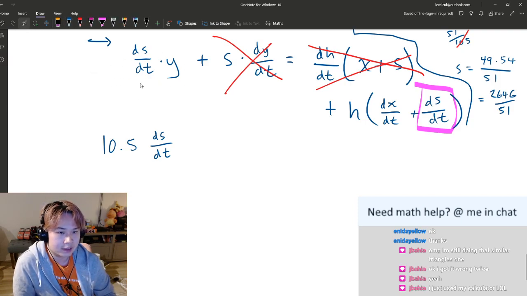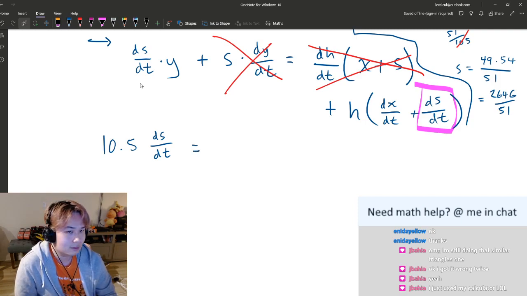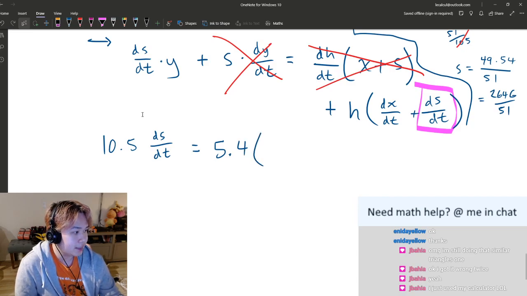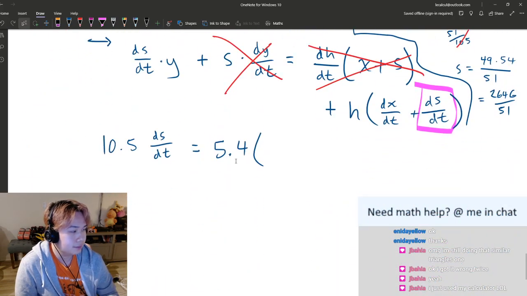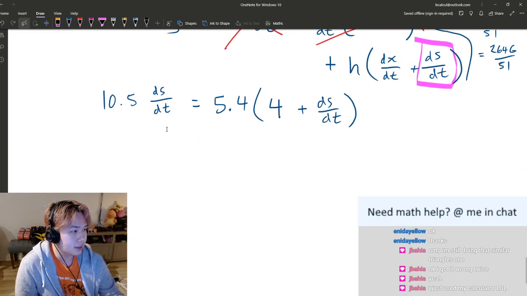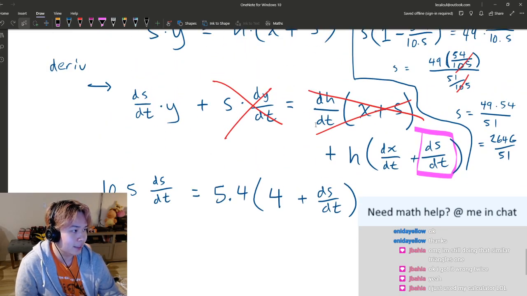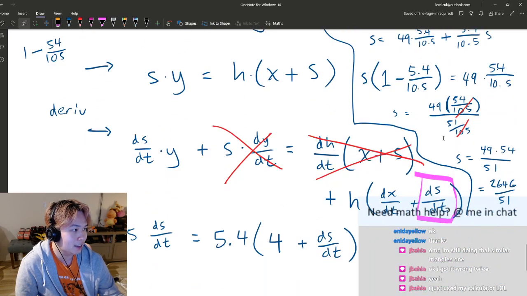And then over on the other side, oh, we didn't even need to calculate s. And then over on this side we have h, which is the height of the person, 5.4. Dx dt is 4. And then we have ds dt. So notice all of the things that had s go away. I guess we should have checked that first before we needed to calculate s.